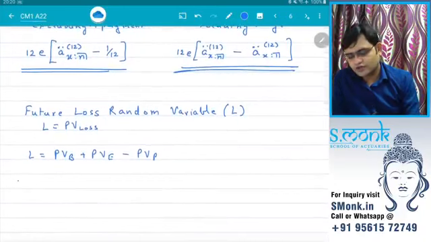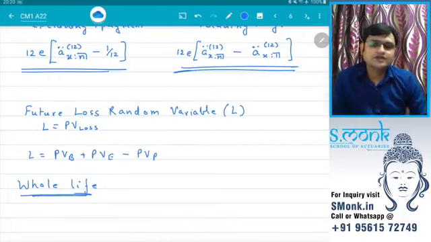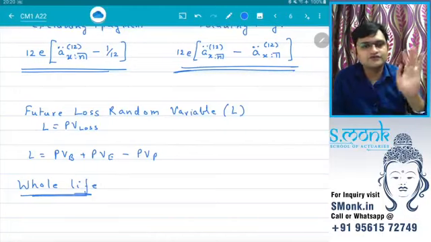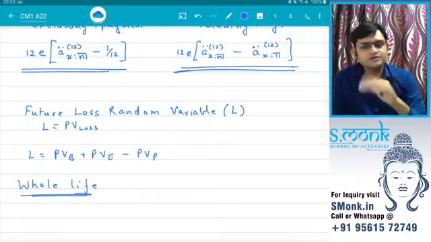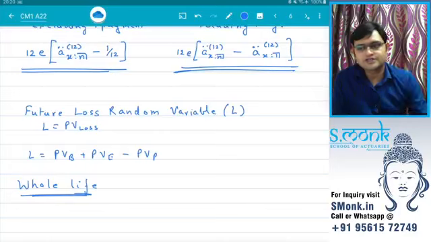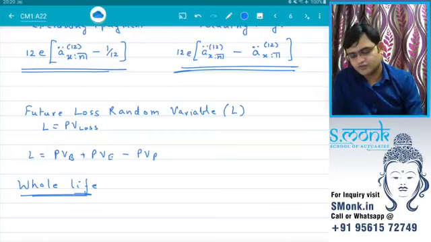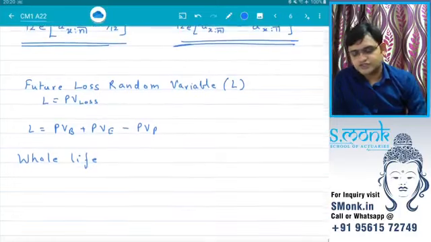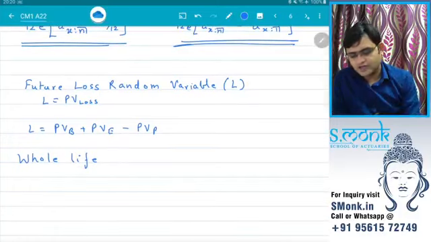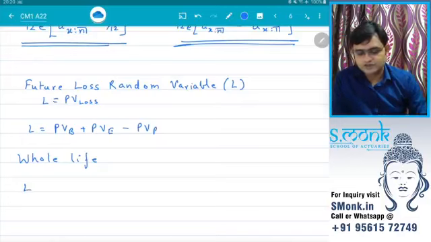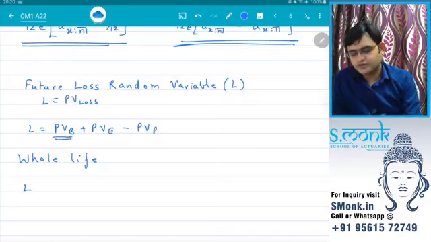So if I say whole life policy, in a whole life policy, the benefit is paid whole life and premium is also paid whole life. That means the premium is paid till a person dies, and then if the person dies, the benefit is paid. In such cases, how would we make our future loss random variable L?